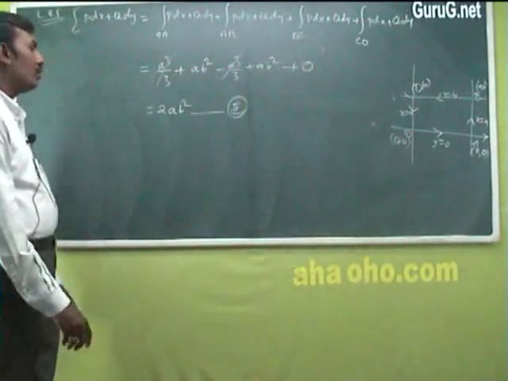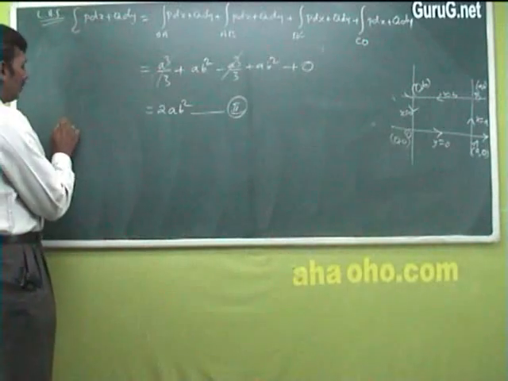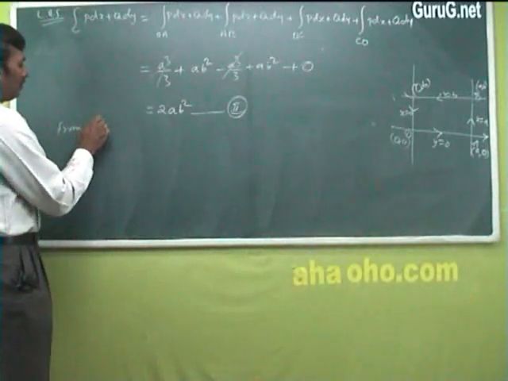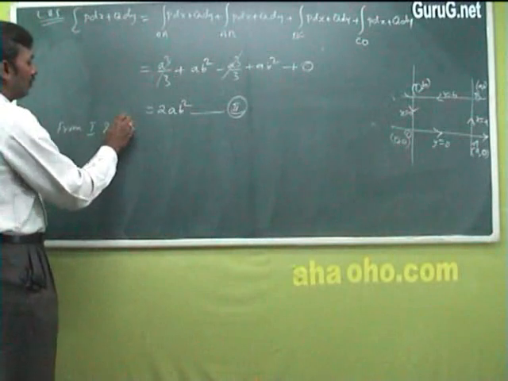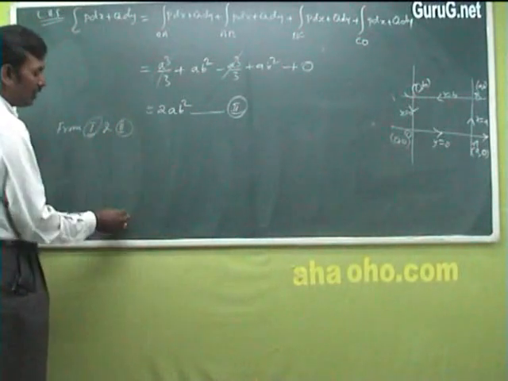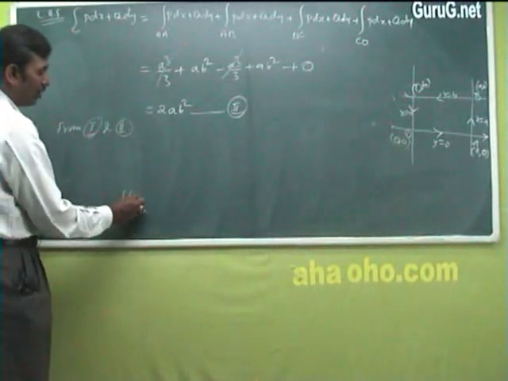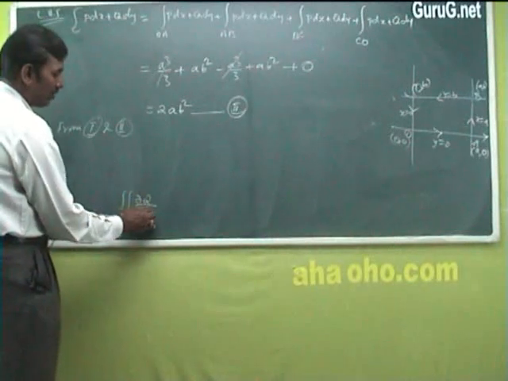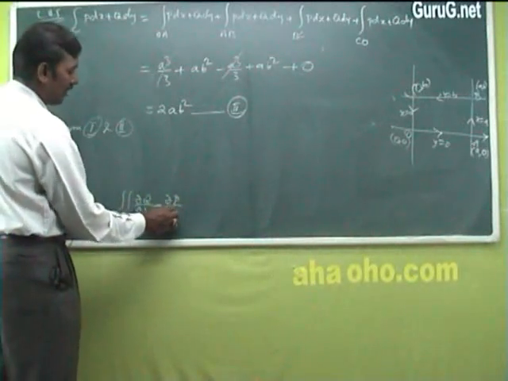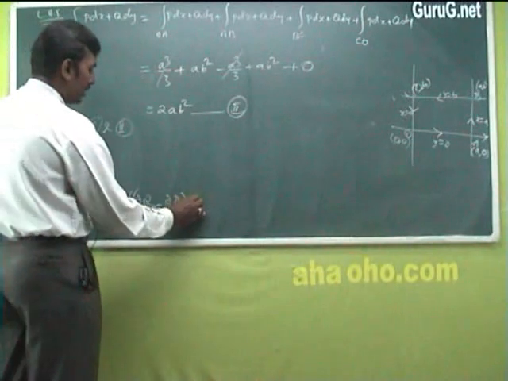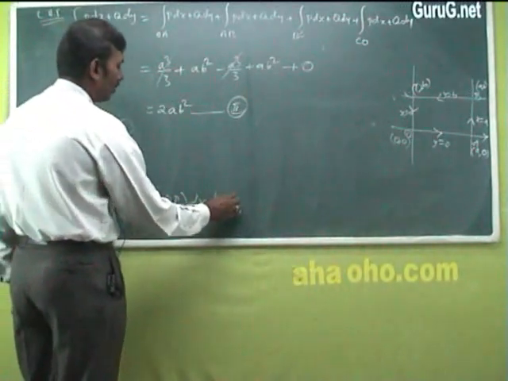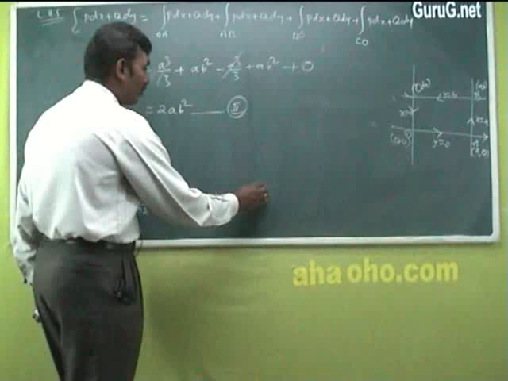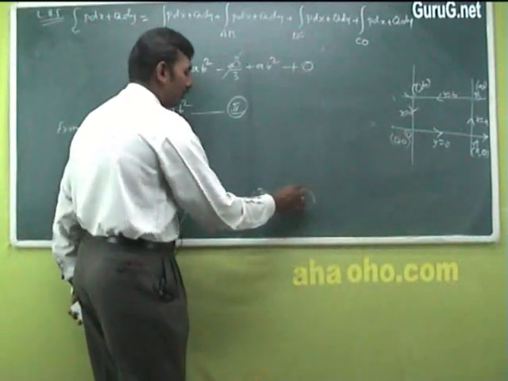So from 1 and 2, we have equation 1, that the double integral over R of dou q by dou x minus dou p by dou y dx dy equals 2ab squared.